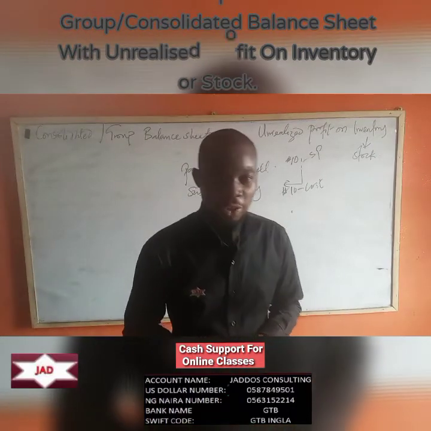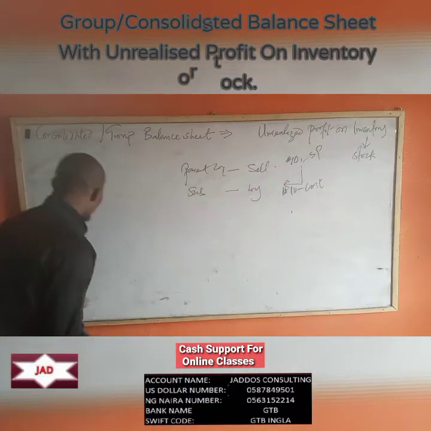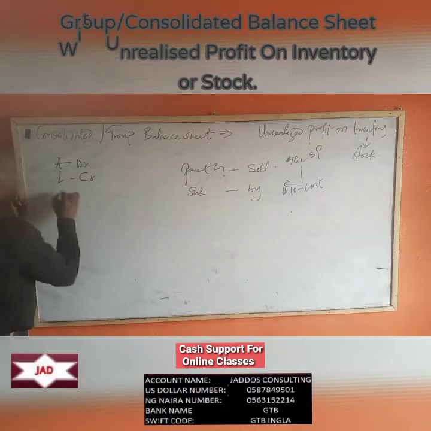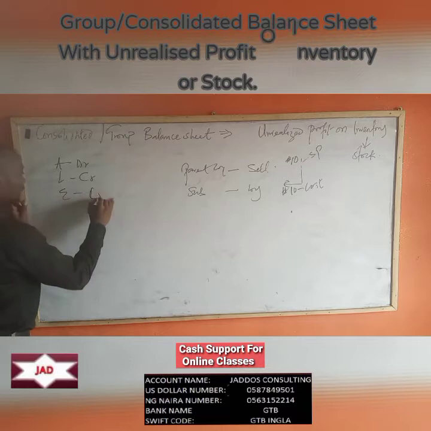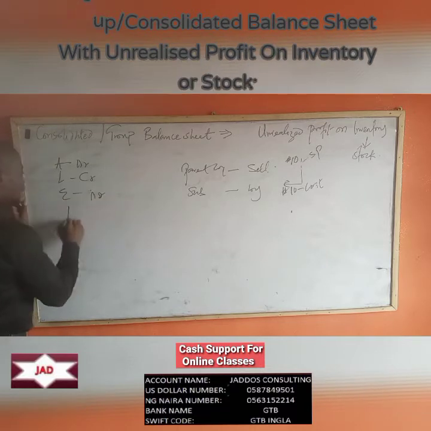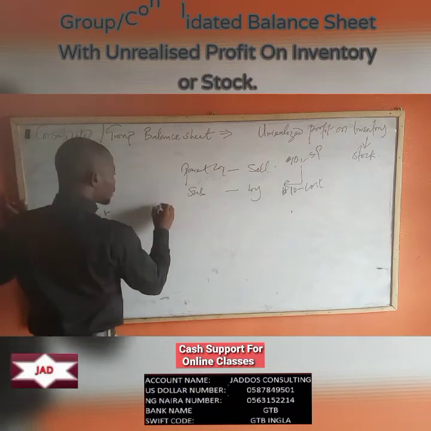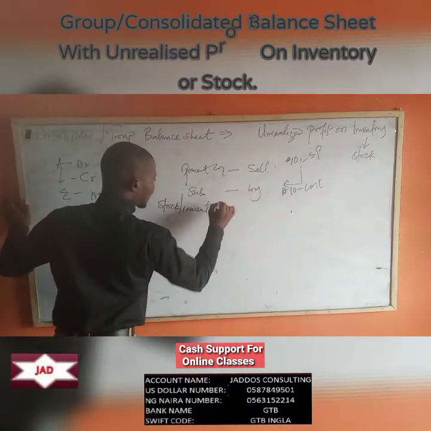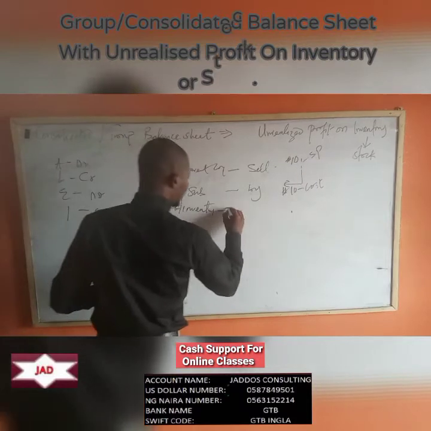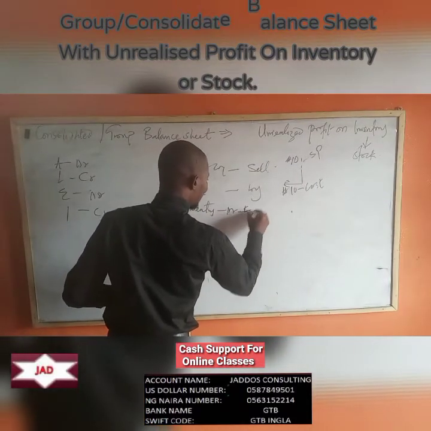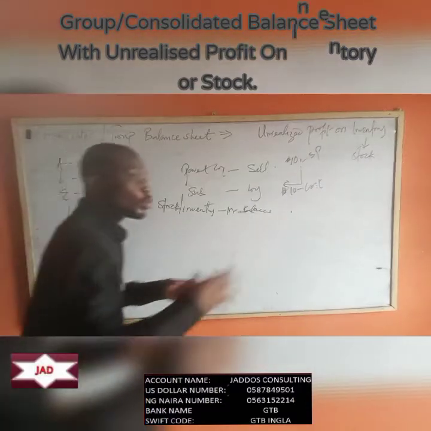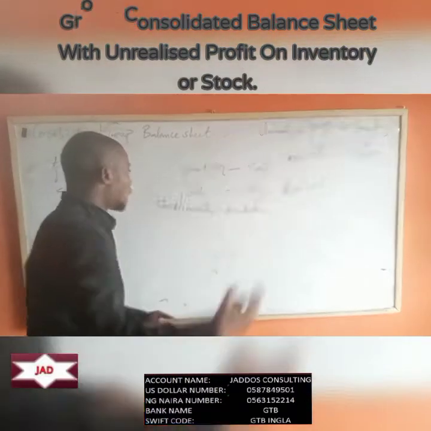After doing that adjustment, we can go ahead to consolidate. So what I'm simply saying is this: remember that asset items are debit, liability items credit, expense items debit, income items credit. Your inventory, which is your stock, has a debit balance, as an asset. But now we want to eliminate the profit item on the stock, so there has to be a reduction.